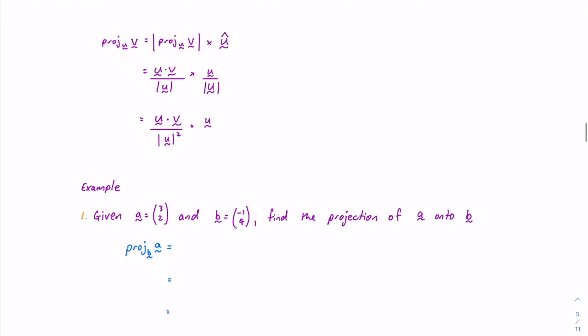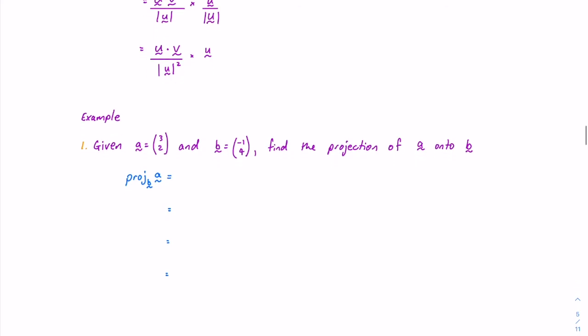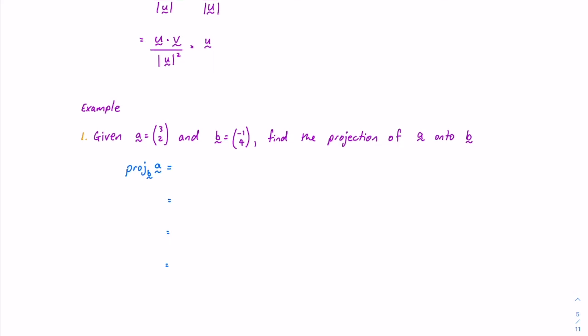Okay, feel free to watch that again or pause it or rewind it if you need to. So let's look at this example. We've got the vector A equals (3, 2), the vector B equals (negative 1, 4), and we want to find the projection of A onto B. So it's B that's the subscript, and it's b that's going to be used in the formula because we're projecting onto b. So we do their dot product.